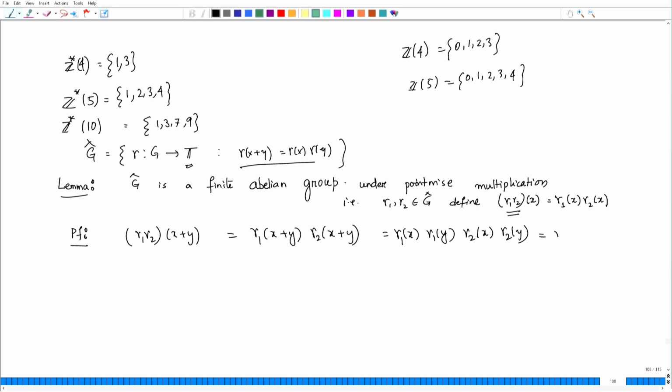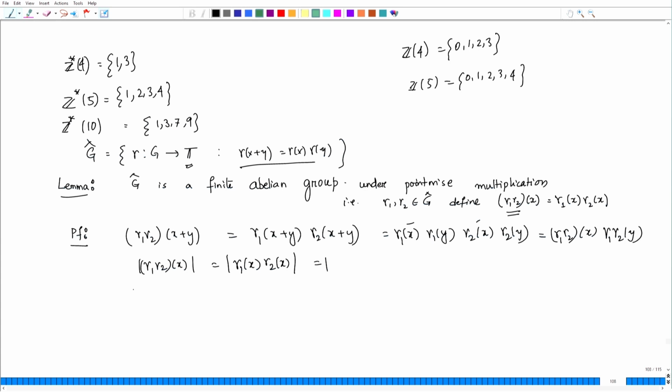So, this is going to be gamma 1 gamma 2 of x by considering these two, and gamma 1 gamma 2 of y. Therefore, this satisfies this property. And the modulus of gamma 1 gamma 2 of x is equal to mod of gamma 1 of x times gamma 2 of x, and both of them are mod 1. So, this is going to be mod 1. So, now the closure is satisfied.